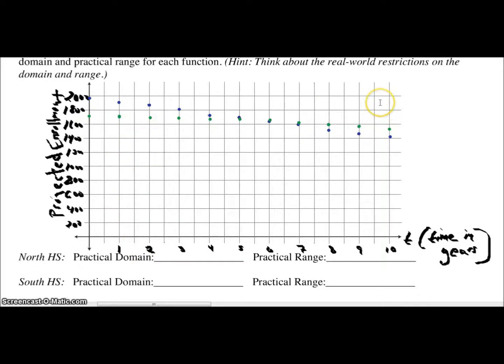We don't have a continuous function, we have a discrete function. Really, the set of all possible inputs are just the positive integers, 1, 2, 3, 4, 5, 6, 7, 8, 9, 10. We can have 0, 2. So we can say that as the positive integers.